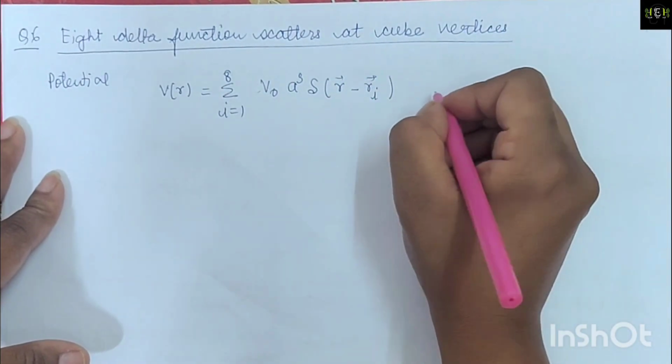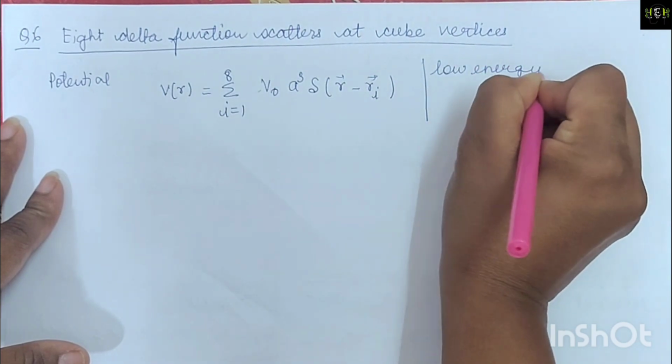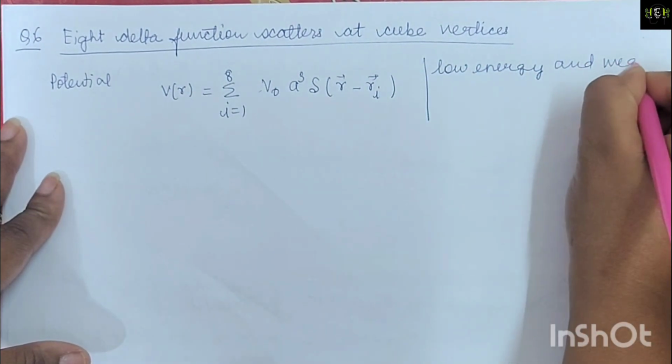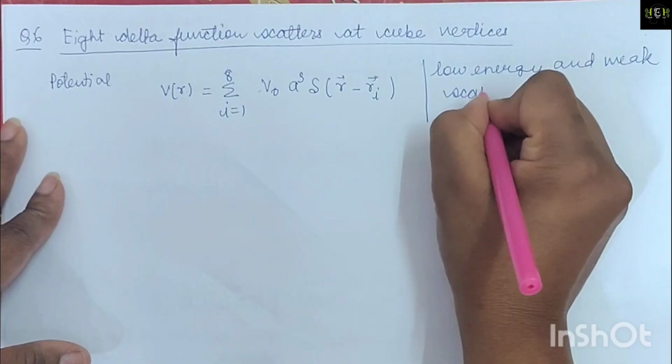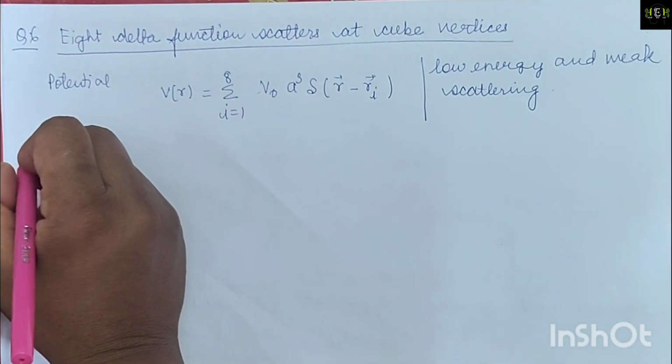Okay, so we are talking about low energy and weak scattering. So what will we use? We will use the first Born approximation.